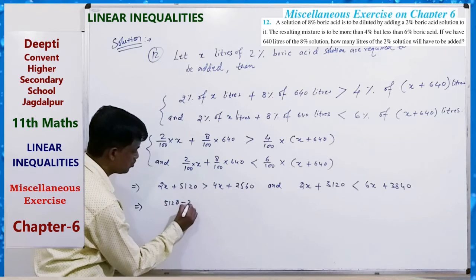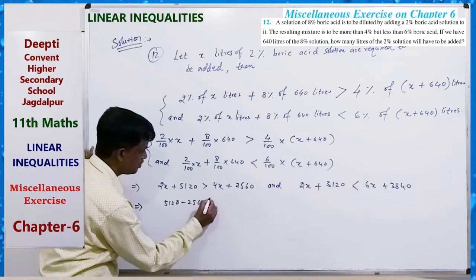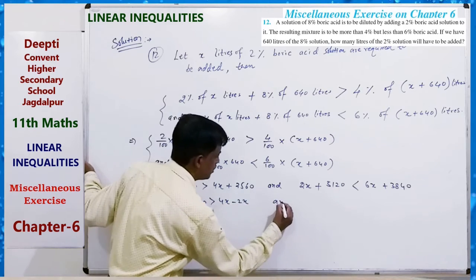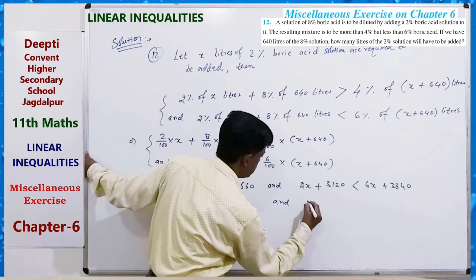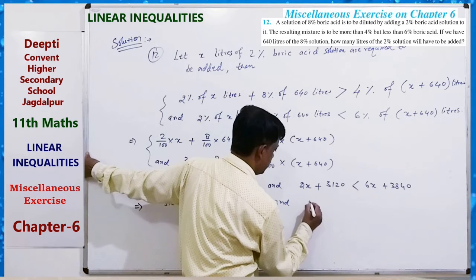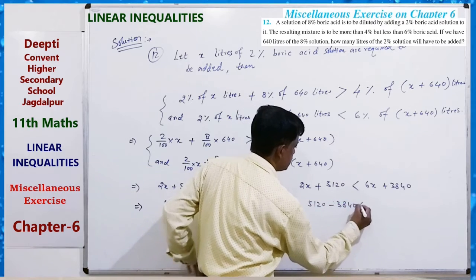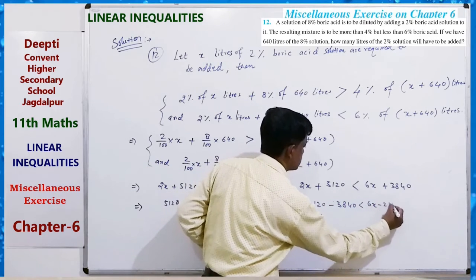5120 minus 2560 is greater than 4x minus 2x, and here 5120 minus 3840 is less than 6x minus 2x.